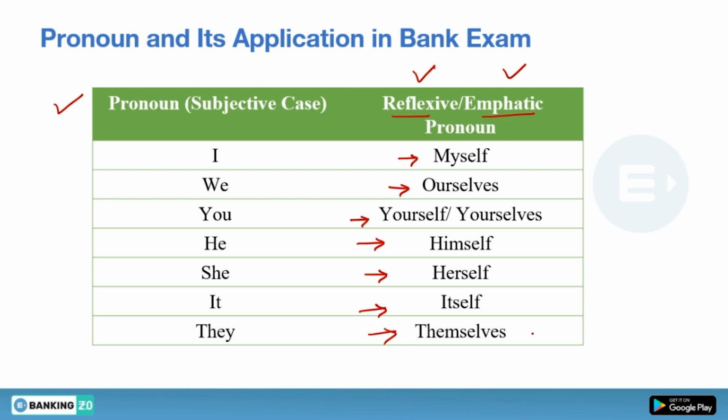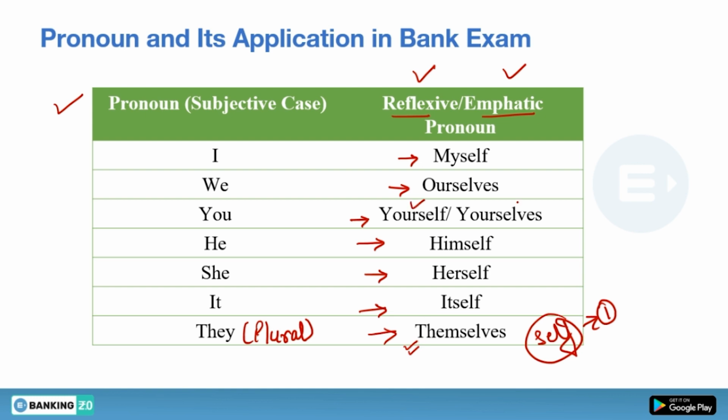You cannot say themself, okay, because self means one and they is plural. If you think that you can use themself, then it is incorrect. You can only have themselves.